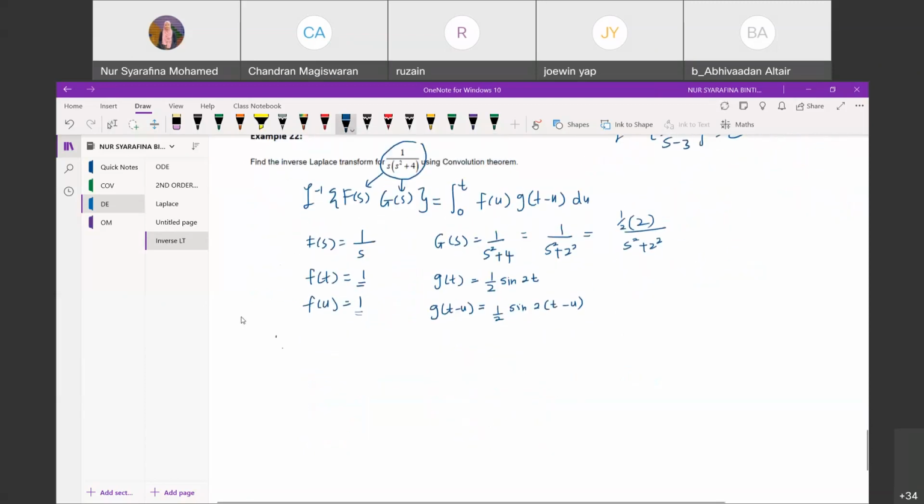The inverse transform of 1 over s squared plus 4 can now be found by integrating from 0 to t. f(u) is 1, g(t minus u) is 1 over 2 sine 2(t minus u), integrate with respect to u. Clear or not? Just put the 1 over 2 outside and integrate only this.